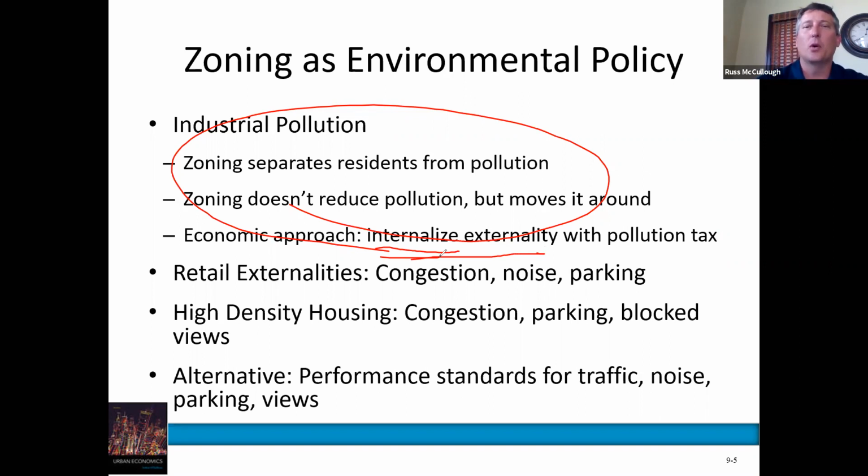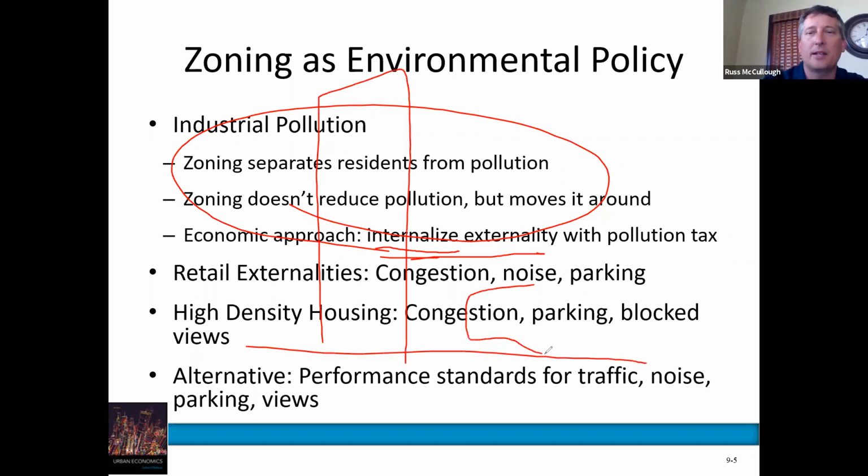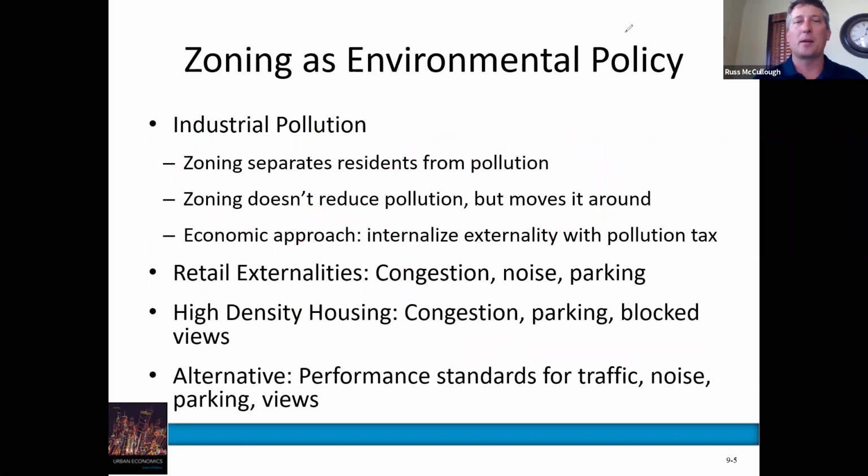We've got issues of noise, shadows. If you build a big tall building, there have been court cases where this little guy over here says, hey, you can't build this high rise because I'm in the shadow for 6 hours out of the day when I used to be able to enjoy sunlight. And it's like, does that person have a rightful claim on property rights?